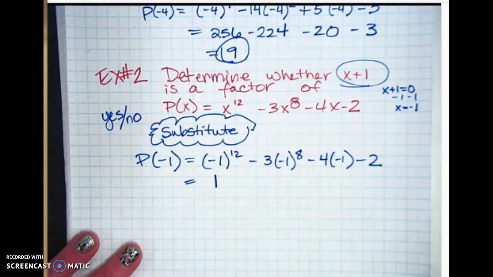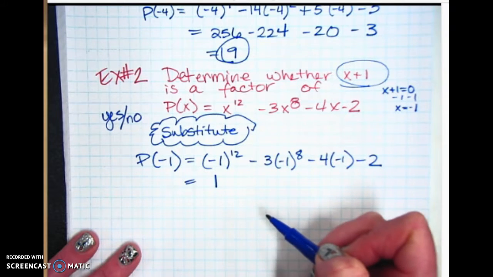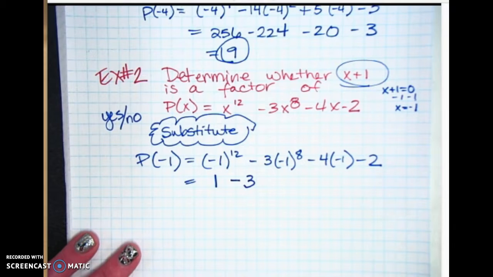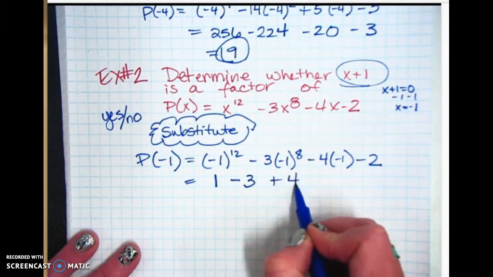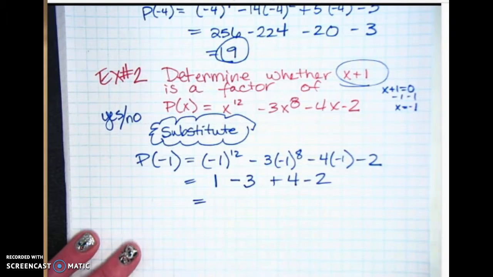If you type that into your calculator wrong, you're going to get -1, so make sure you're typing it in the correct way. For the second term, -1 to the 8th power times -3, you should get -3. Third term, -4 times -1, you should get +4. And then -2. From left to right, you just add and subtract in order.